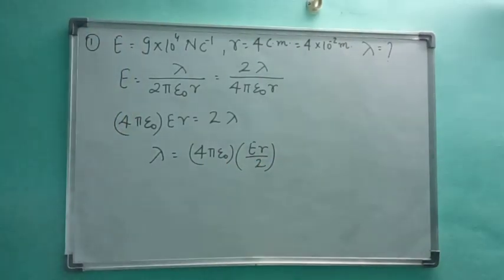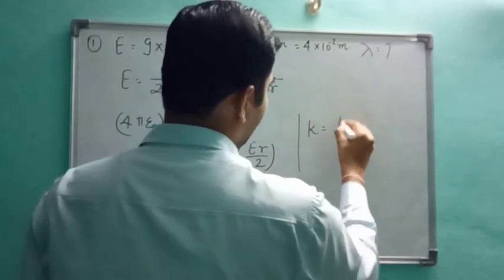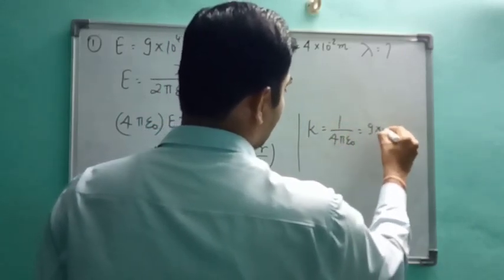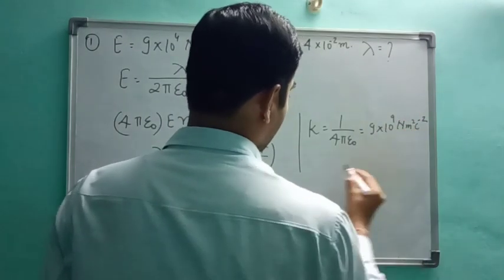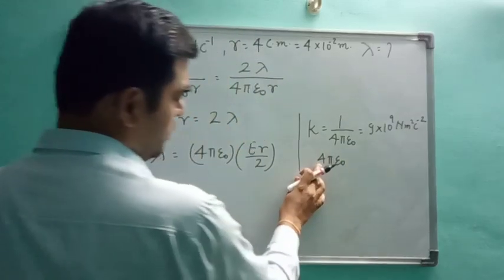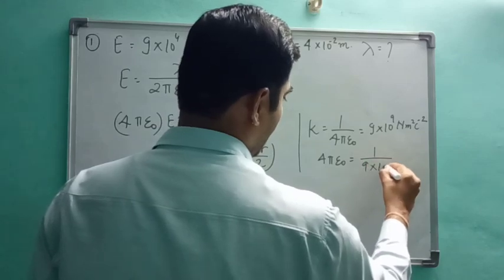Convert this formula. And now k is equal to 1 upon 4 pi E naught equal to 9 into 10 to the power 9 Newton meter square coulomb minus 2. Yes, 1 upon 4 pi E naught is equal to 1 upon 9 into 10 to the power 9.